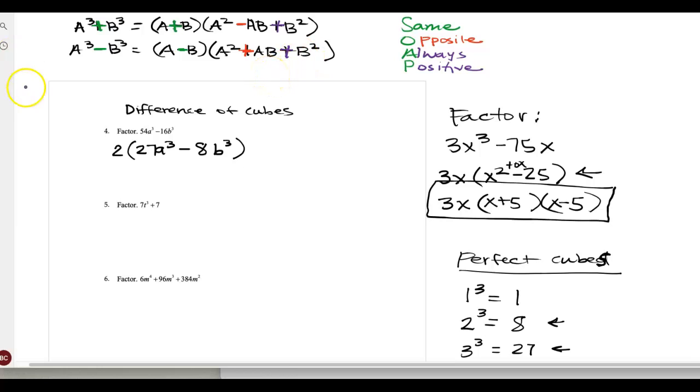And so when I'm looking at this, I kind of want to break it down because I don't have it written as something cubed minus something cubed yet. So I kind of need to change this a little bit. So I'm going to keep the 2 on the outside here, but my 27a to the third, I'm trying to think, and some people will think about taking the cubed root of it, or what times what times what is 27.